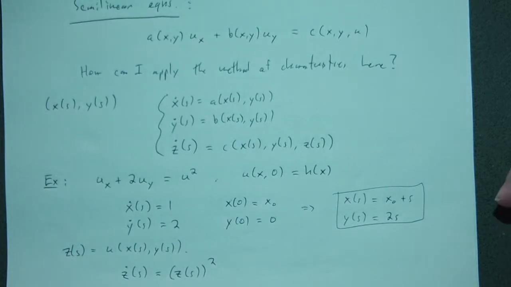Now, notice that you're in a situation where, do I actually need to solve for x and y here to be able to solve this last equation? It seems like no. But this is a nonlinear ODE. This is something that can be kind of nasty to solve in general.